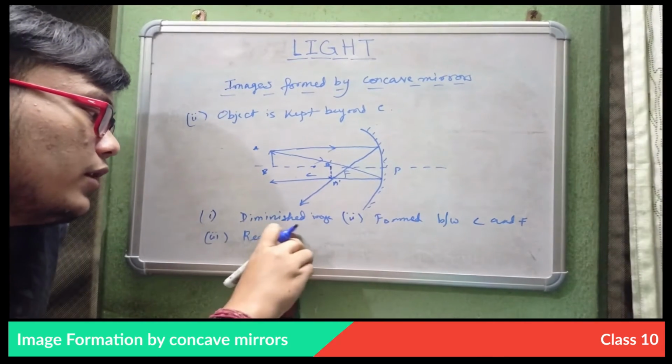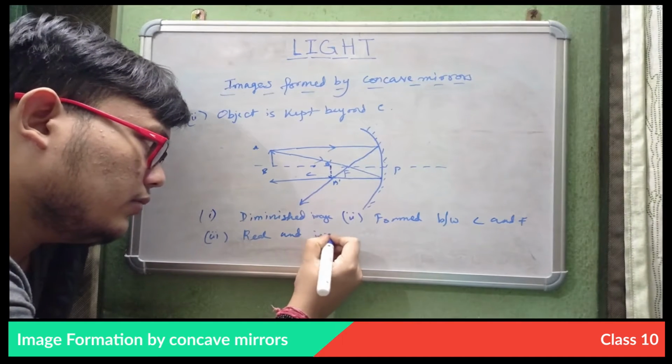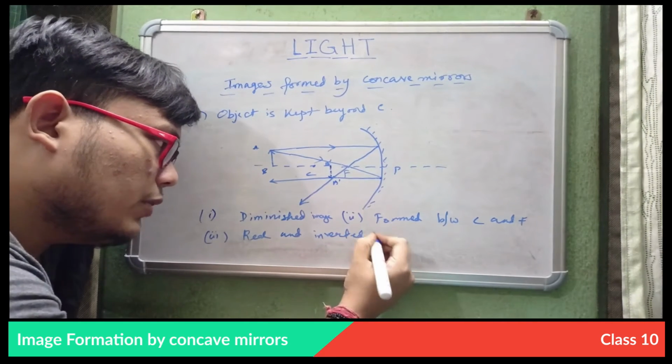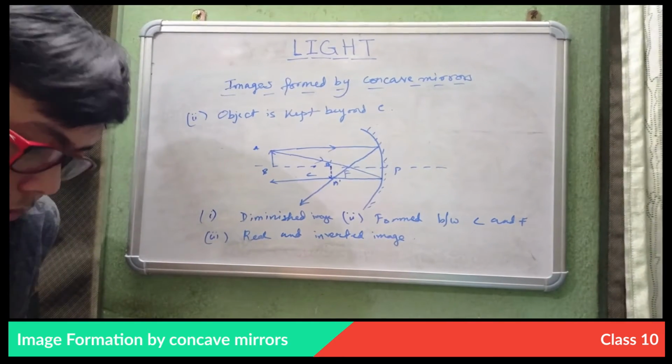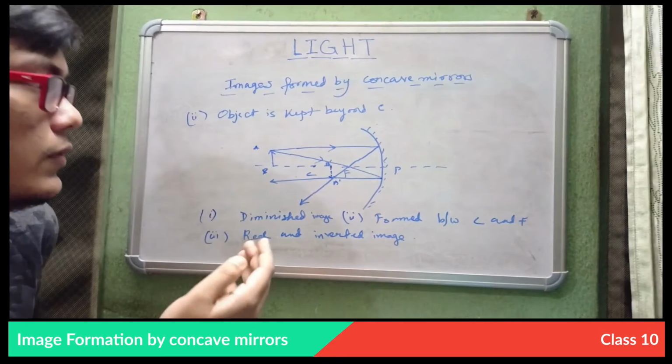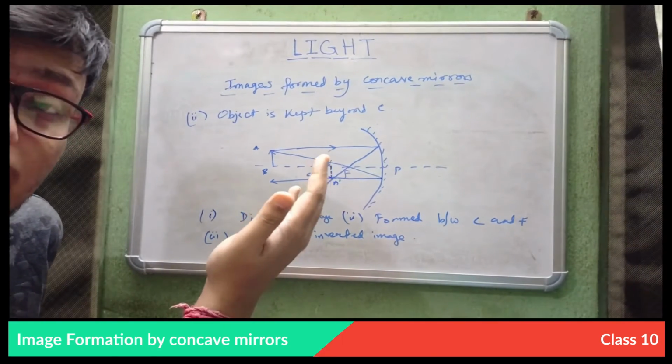It is formed on the same side of the object, so real and inverted image, right? Okay, so this was the case when the object was kept beyond C.